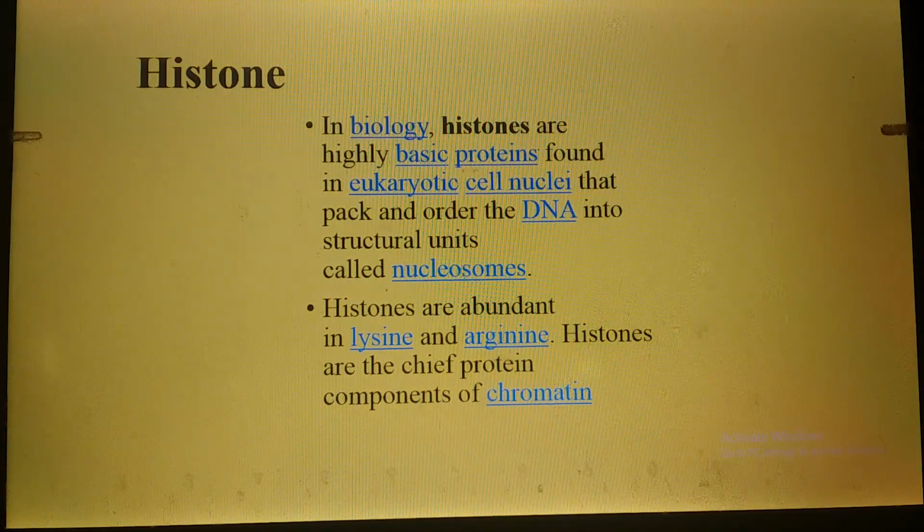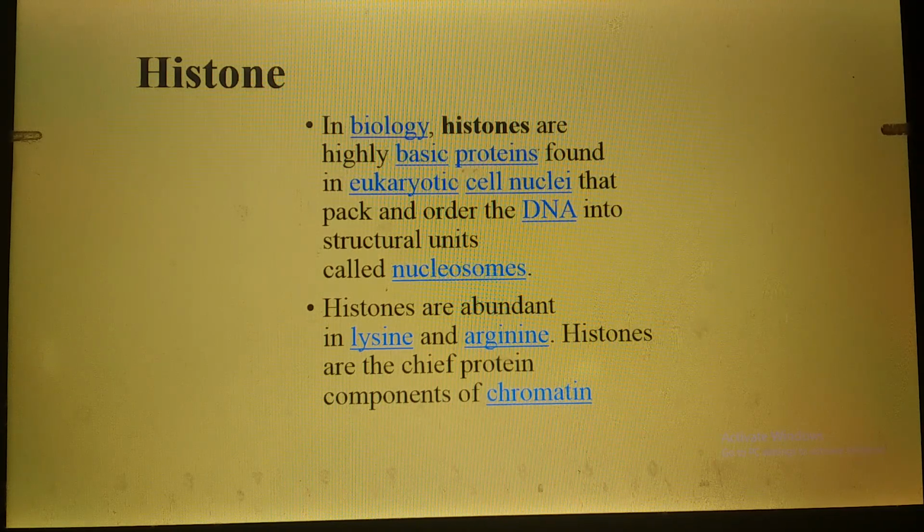Now the second component of the nucleosome is the histone. In biology, histones are highly basic proteins. These are basic proteins, not acidic proteins, found in eukaryotic nuclei that pack and order the DNA into structural units.